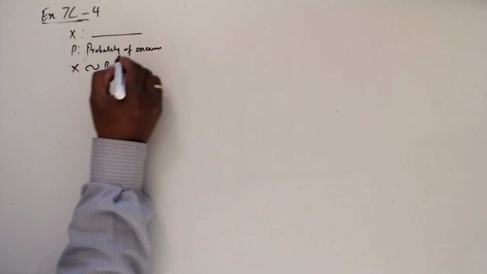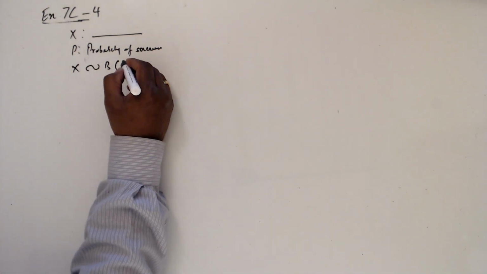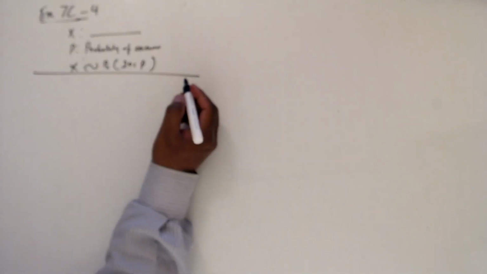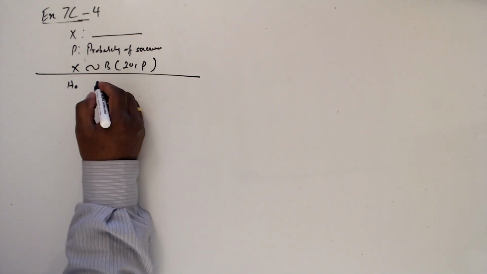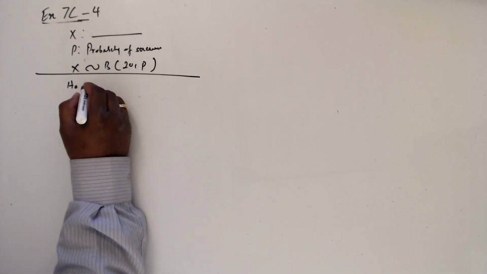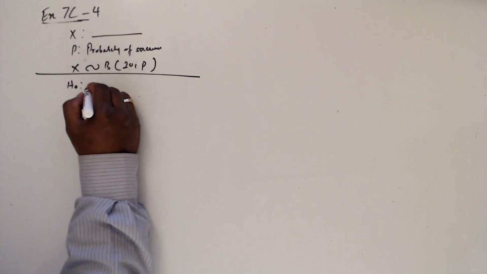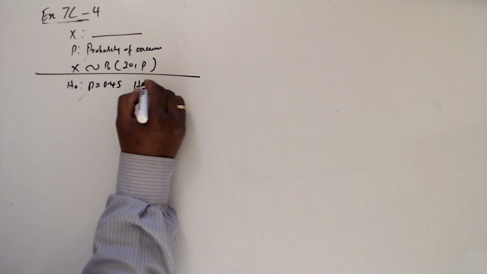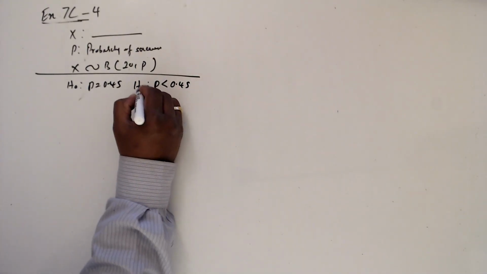X follows binomial 20, P. H naught is P equals 0.45, H1 is P less than 0.45.